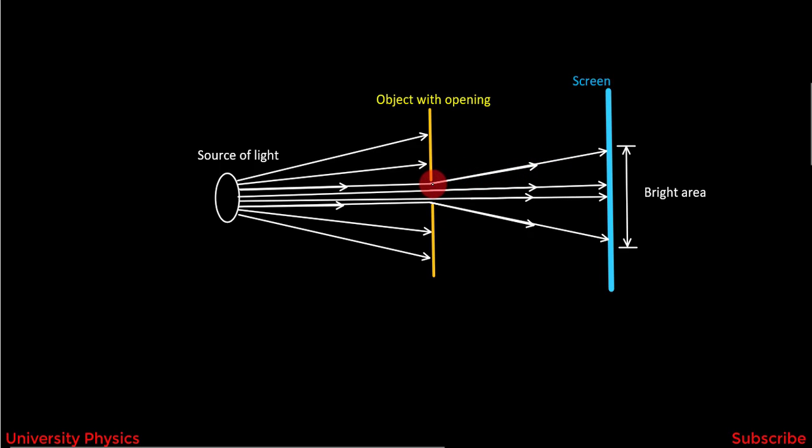The original path of this light ray is this one. According to our thinking, it should strike at this position. Also, at this corner of the object, the light ray bends like this, and the original path of this light ray is this one.